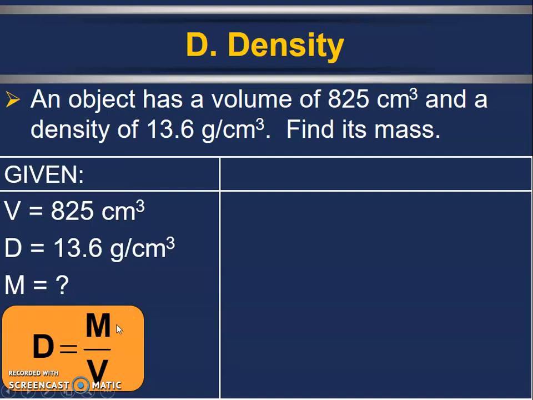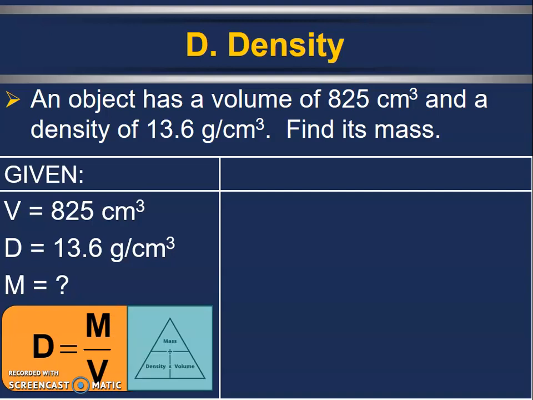So you guys have all taken algebra by now, so you should know how to rearrange a problem. But what's cool about this equation is you can use what's called a triangle method, and I love it. So density equals mass divided by volume. So if you write it in a triangle with mass here, volume here, density here, then you can take what you need and see what's left over.